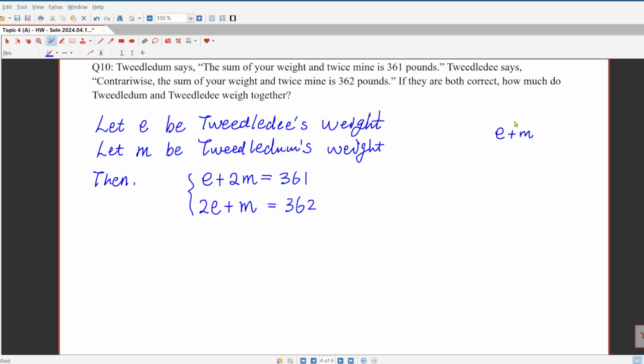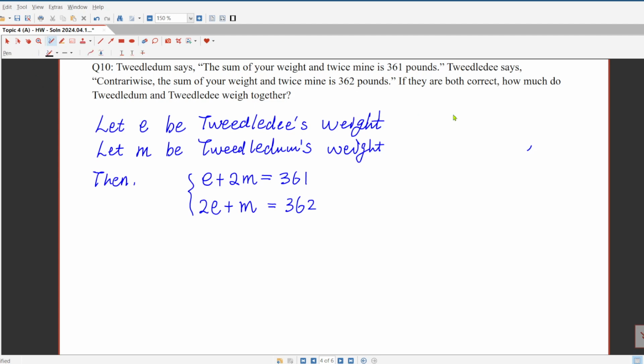So you do not necessarily find E and M first. As long as you can find E plus M, you can conclude the question, right? Of course, there are 2 equations and 2 variables. You could solve E and M first, but it's not necessarily that way.